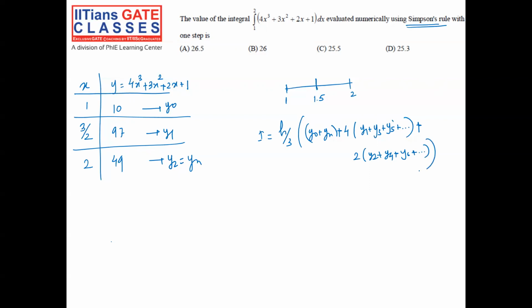In this case, h is 0.5, divided by 3 is 0.5 by 3, so 1 by 6. y0 in this case is 10, plus yn is 49.